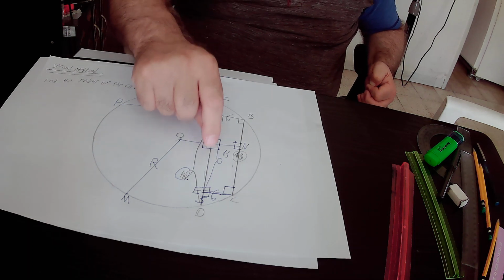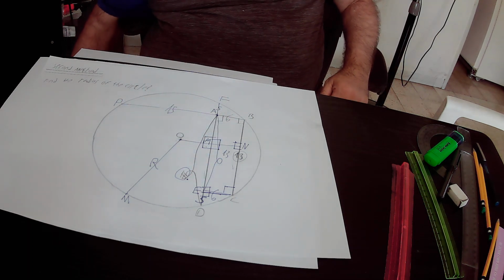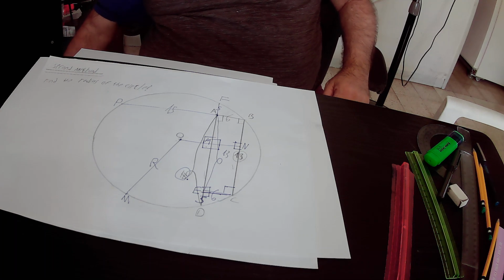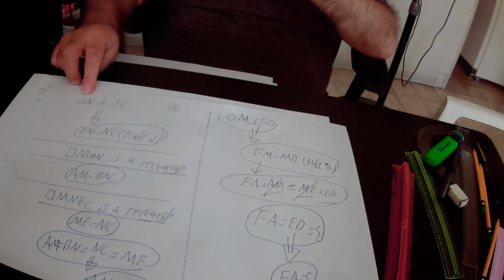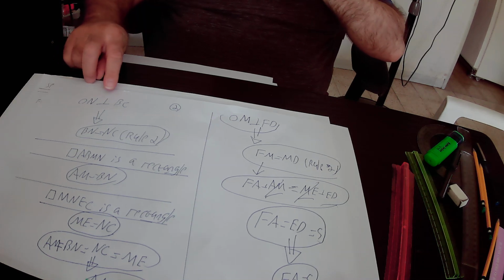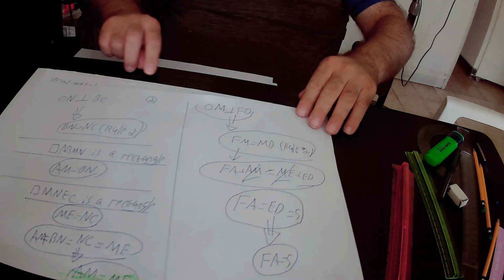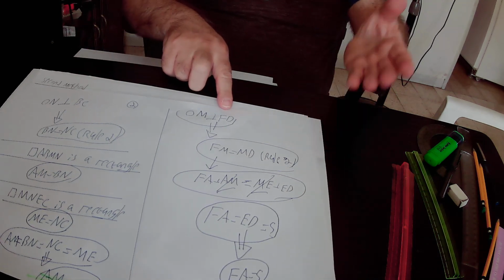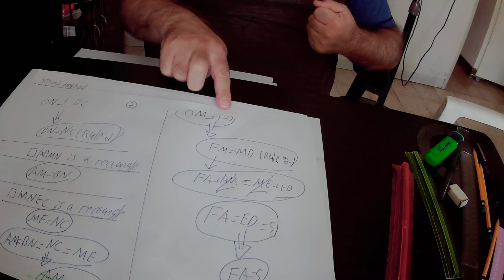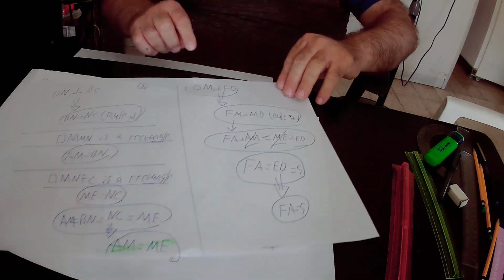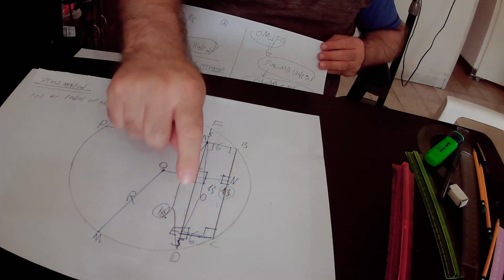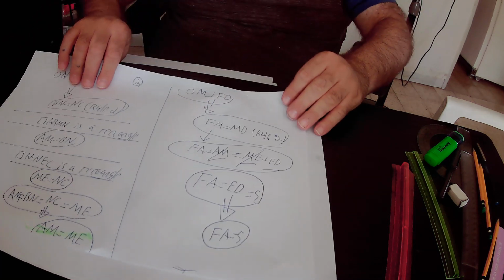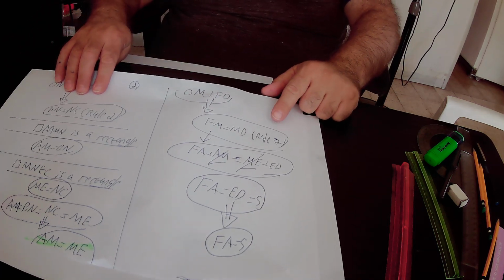That is to say, FM equals MD. Because OM bisects chord FD, it means that FM equals MD, according to rule number 2.